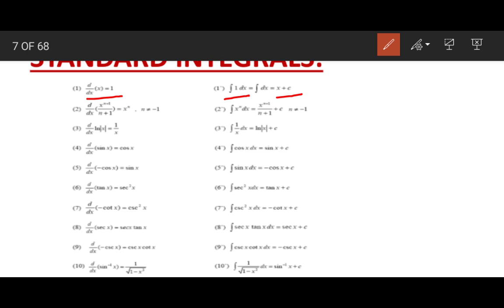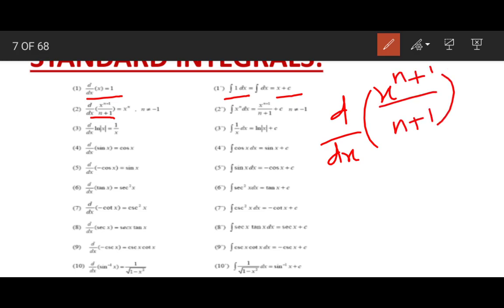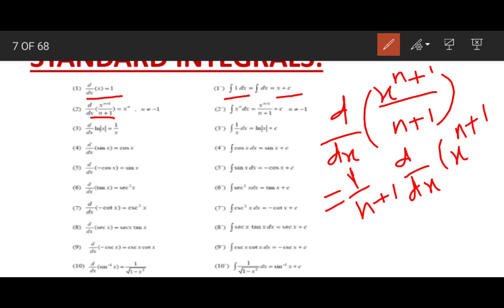Then derivative of x raised to n plus 1 upon n plus 1. 1 upon n plus 1 is a constant, so it comes outside the derivative, and we have to differentiate the term x raised to n plus 1.